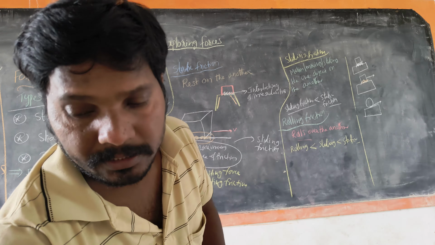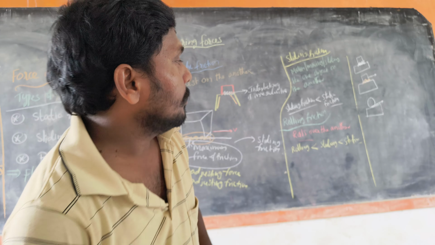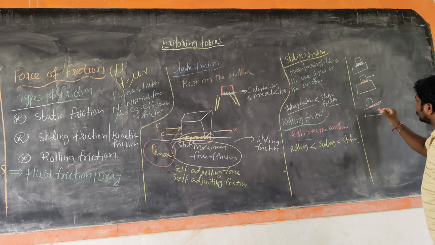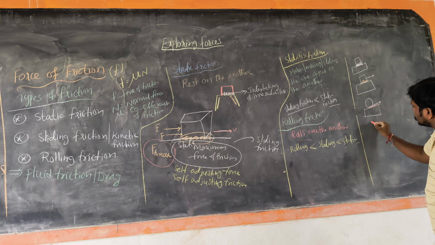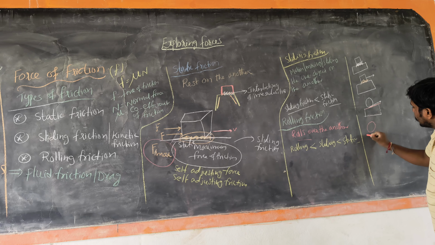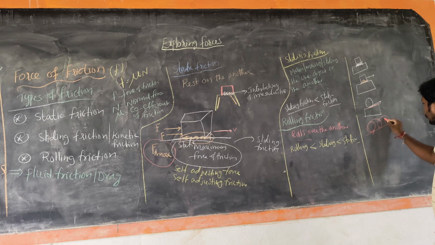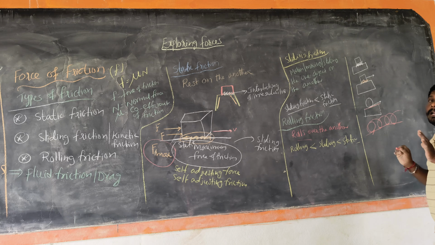So the contact area between the two surfaces is small; only a very small part is in contact with the other surface. So interlocking becomes very less, and the ball or body can easily roll on the other one.